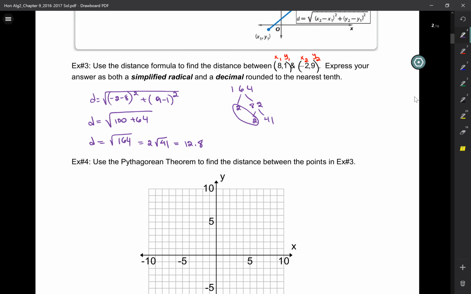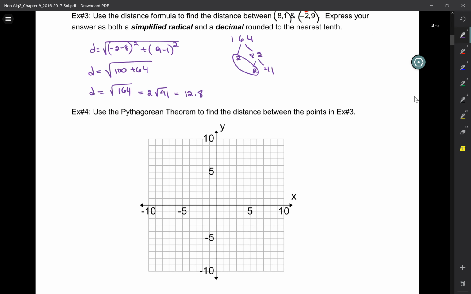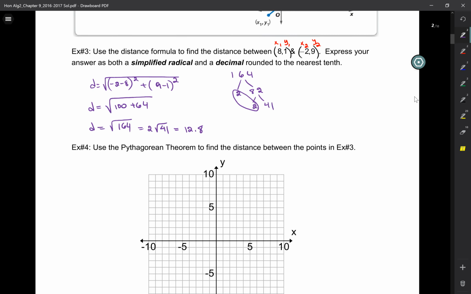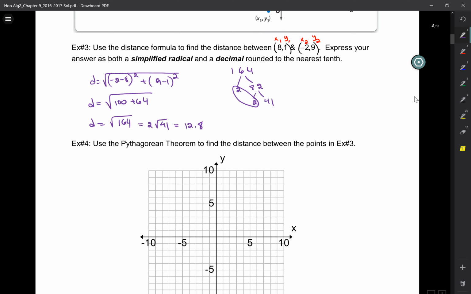So now it says, use the Pythagorean theorem to find the distance between points here. So we have 8 and 1. This is the first point, 8 comma 1. And the second point is negative 2 comma 9. All right, so here's the line connecting them.